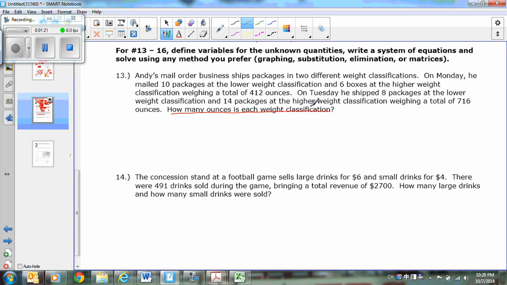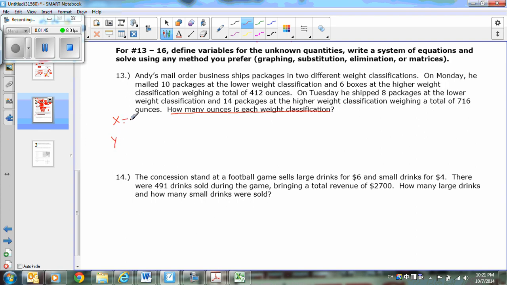All right, so we have 2 classifications. There's a lower one and there's a higher one. So when you go to define your variables and describe what quantities they represent, always look at this question. It'll guide you on what to do. How many ounces is each weight classification? Well, there's 2 weight classifications, so we're going to need 2 variables. Let's just use x and y.